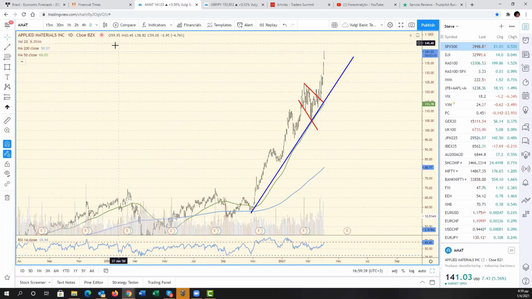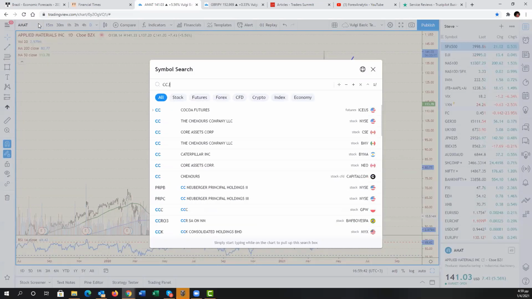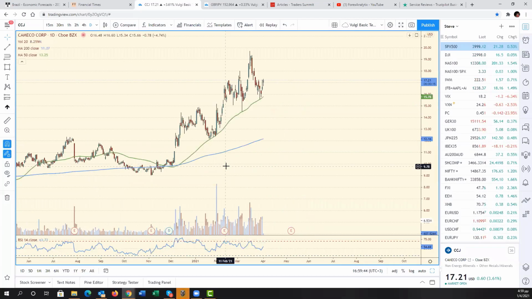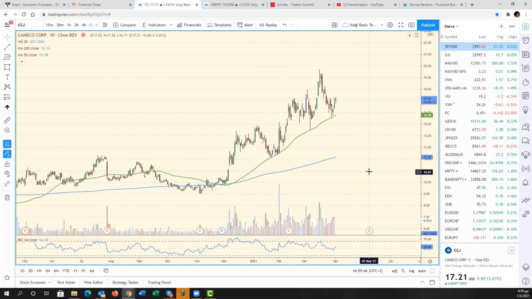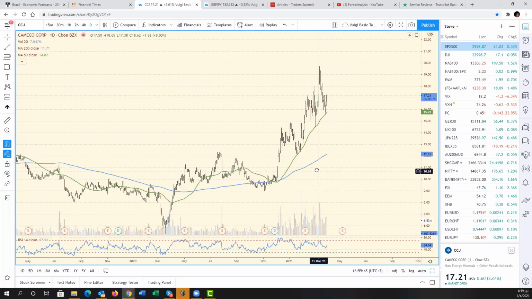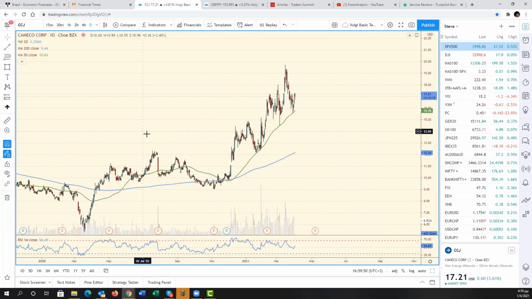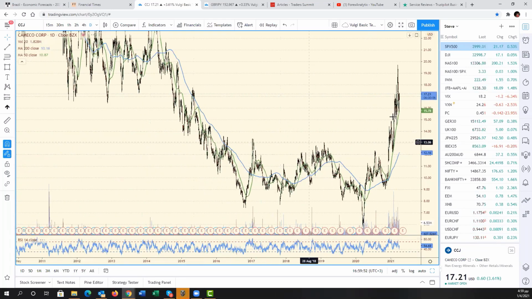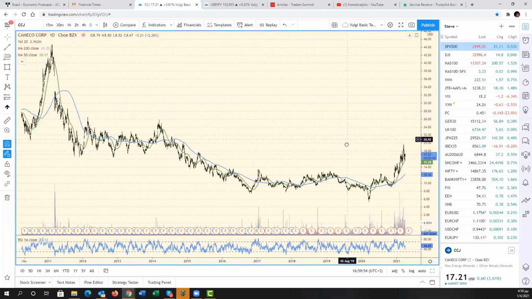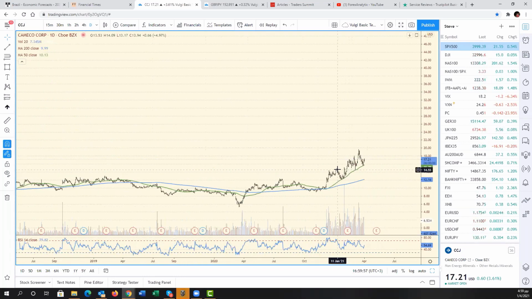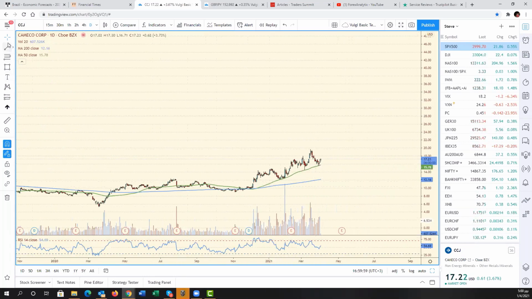And CCJ. Okay, CCJ. Let's see. That doesn't look that good. It looks rather heavy. Also, a lot of RSI divergence. Definitely a big bullish move out of a big bottoming pattern. That's good news there.